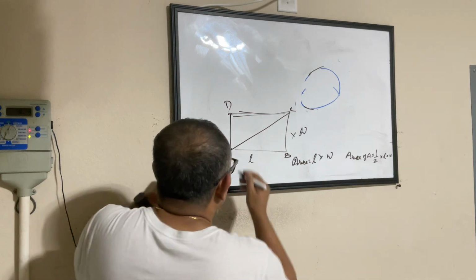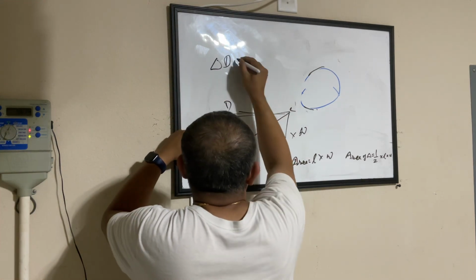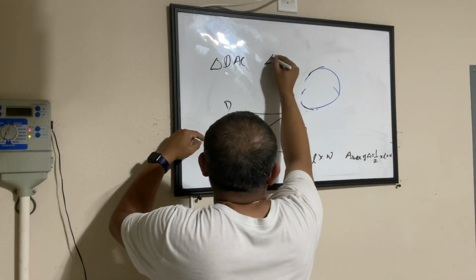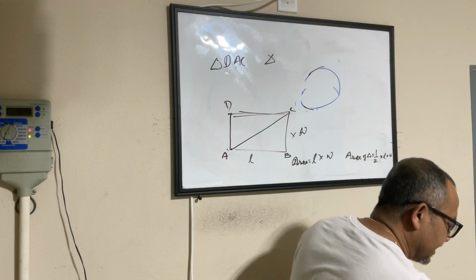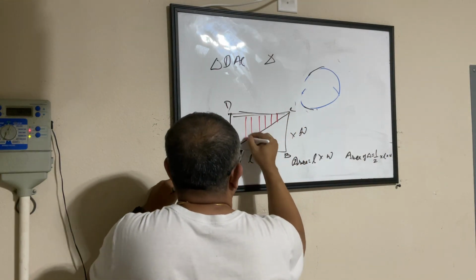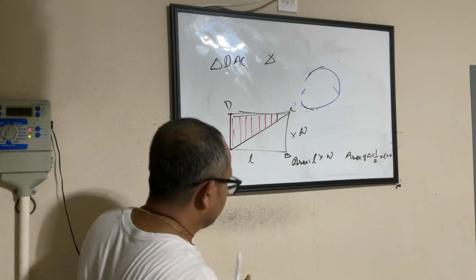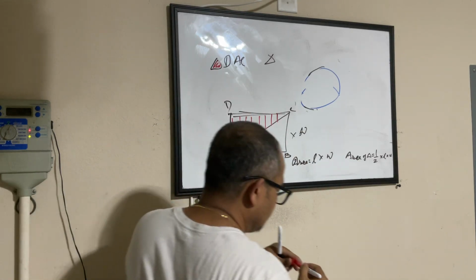This is where you will look at these as two triangles, triangle DAC and triangle CAB. DAC is the one in red. I am talking about this triangle. Red one is the DAC. So let me make it red here also.